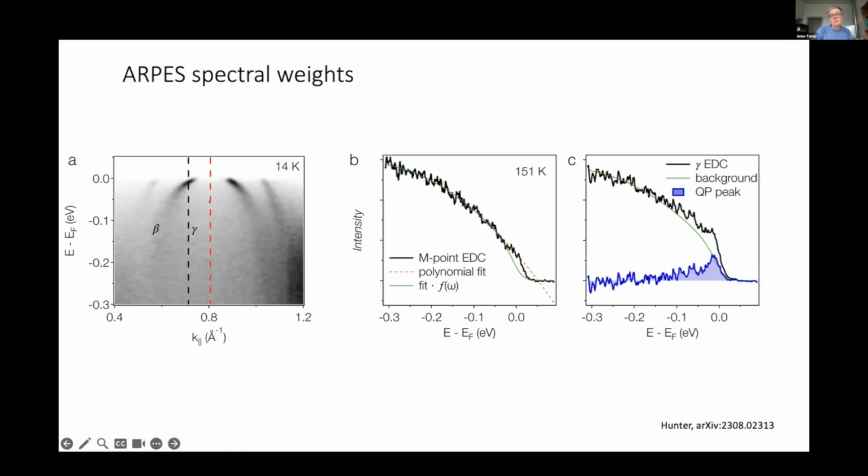And as a background, we took an EDC at the position in momentum where there are no states, and use this as our background. Then if you subtract the EDC at this position from the EDC at the red position, you see that even at relatively high temperature, there is still a small peak remaining.